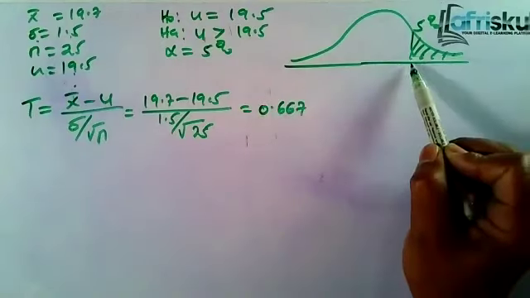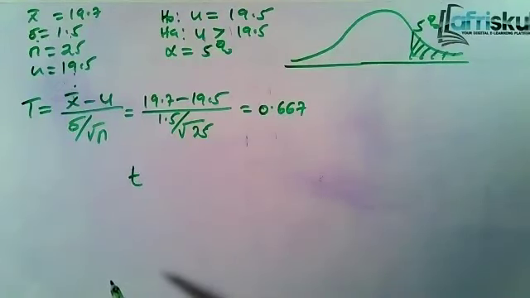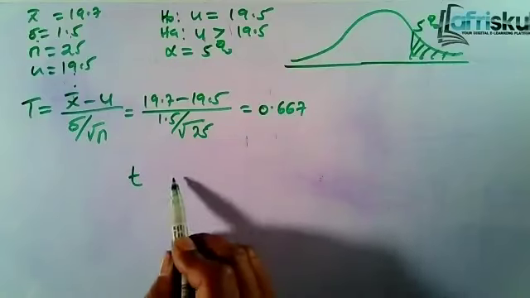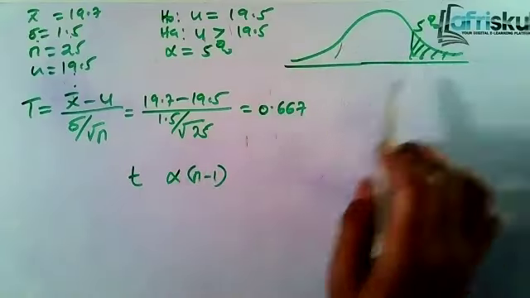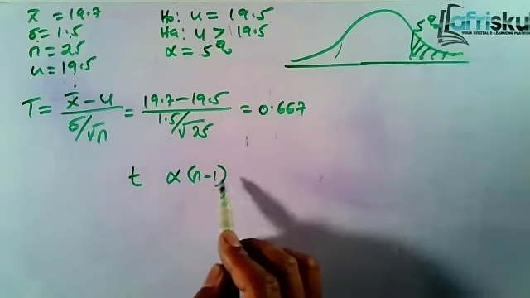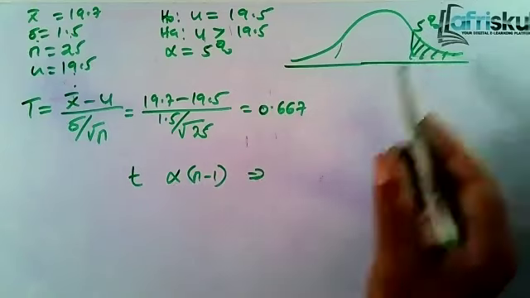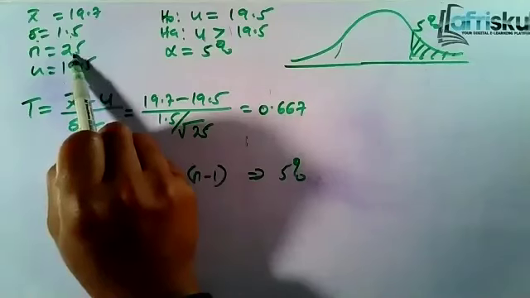How do we get this t? Tulisema t, utachukua nini? It's alpha, n minus 1. Kama ingekuwa two-tail test, ndio ulikuwa unachukua alpha divided by 2, n minus 1. So our alpha ni 5%. N minus 1. You see this n is 25.